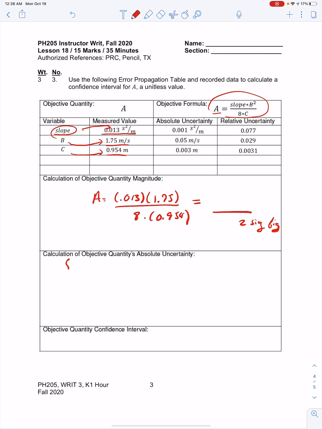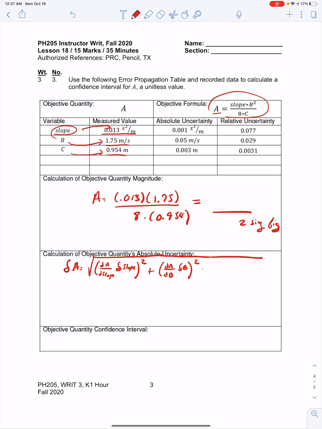So it will go something to this effect. The absolute uncertainty of A is equal to the square root of the partial derivative of A with respect to the slope times the absolute uncertainty of the slope, squared, plus the partial derivative of A with respect to B times the absolute uncertainty of B, squared.